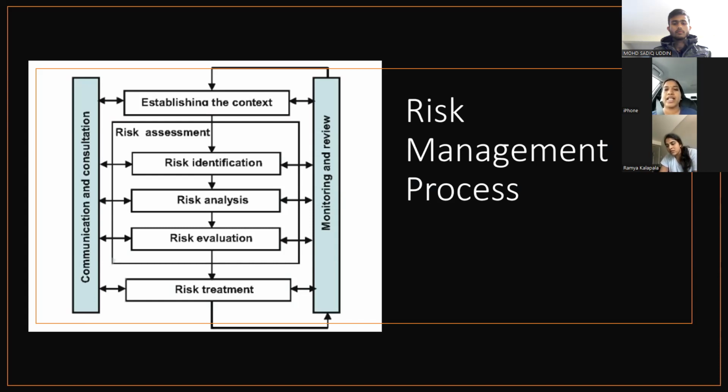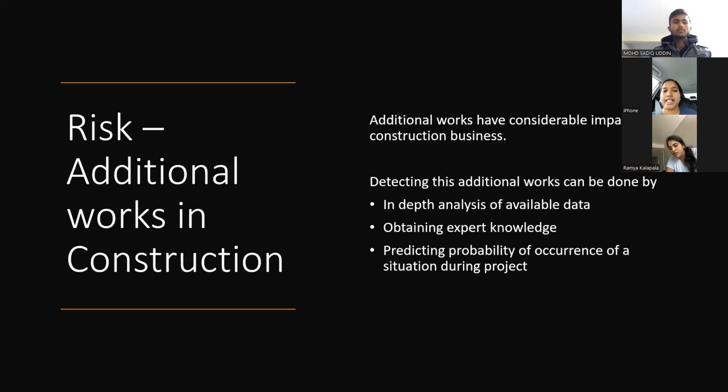Now let's go further and understand what additional works in construction are in the next slide. The occurrence of additional works is one of the risks that has a significant impact on a construction project. These are the outcome of a variety of issues that, despite the investors' due diligence when developing a building project, result in an unfavorable situation involving a change in the assumed design and procedural, organizational, technological remedies.